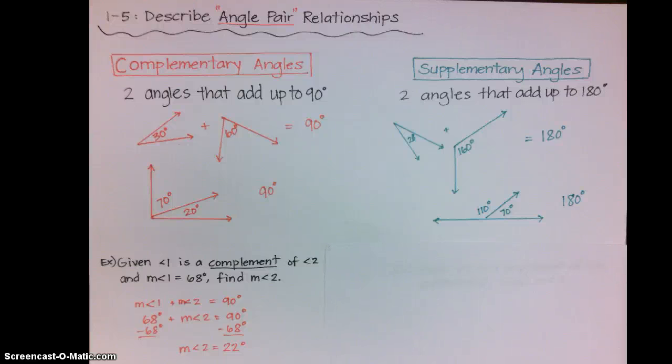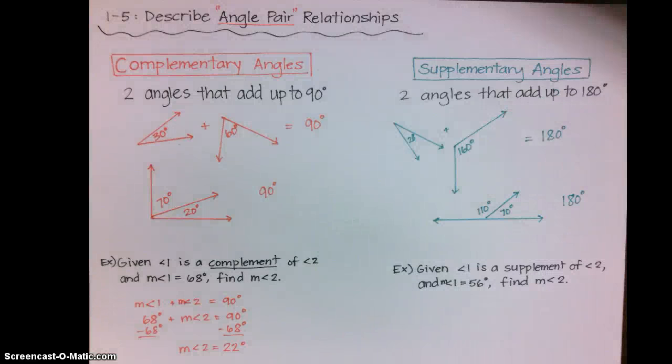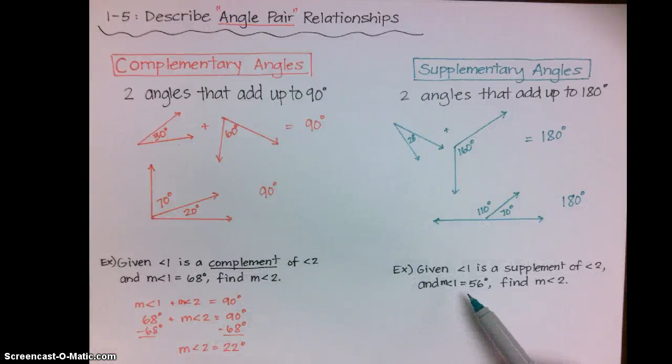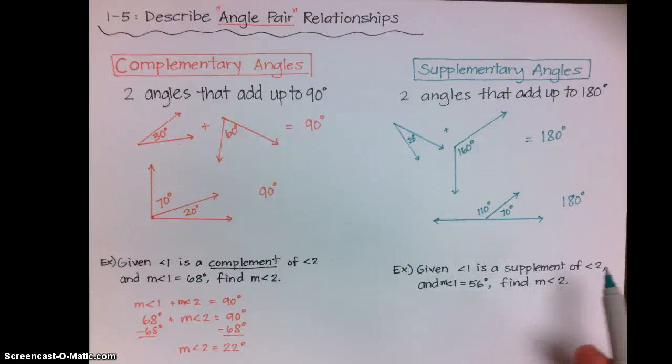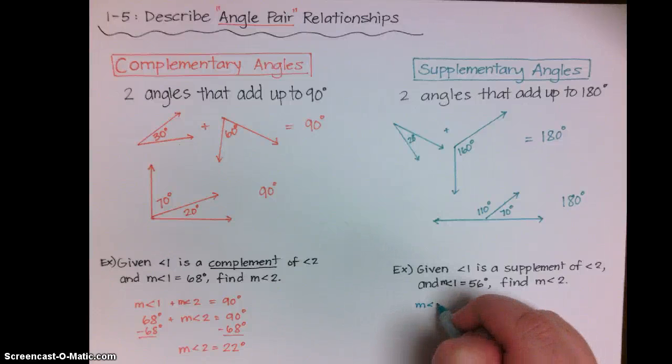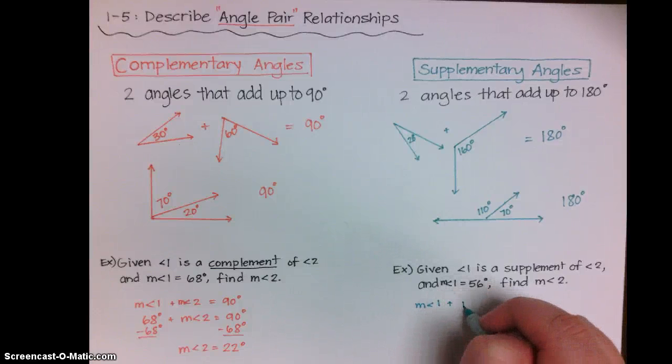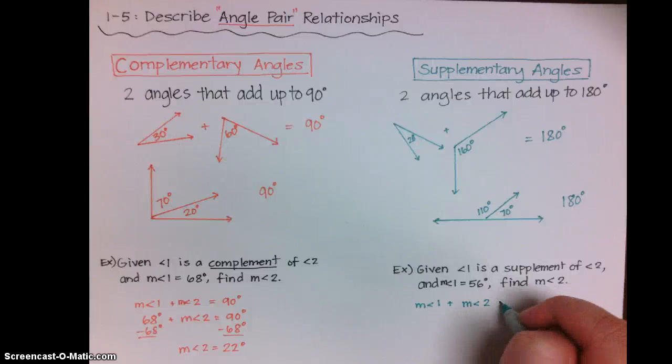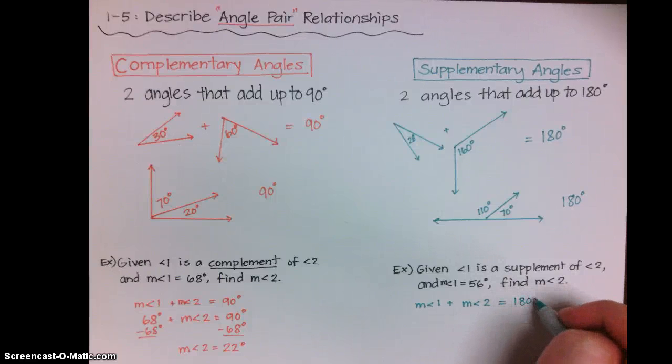And in the same way, I can have a scenario where I'm given one of the angles, but not the other. But if I'm told, like in this example, that angle 1 is a supplement of angle 2, and I know the measure of angle 1 is 56 degrees, I can easily find the measure of angle 2. By adding them together, they should equal 180, so the measure of angle 1 plus the measure of angle 2 is going to equal 180 degrees.